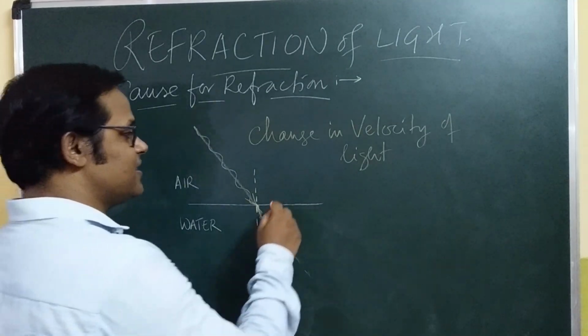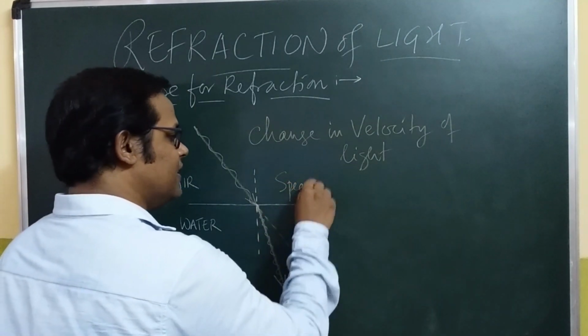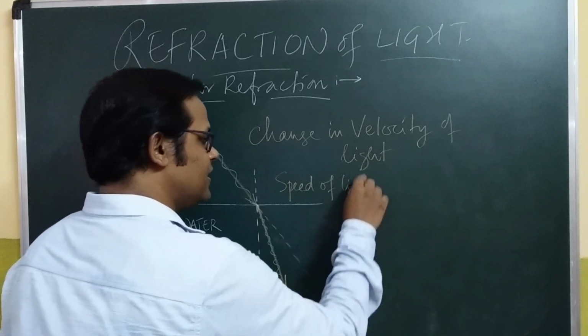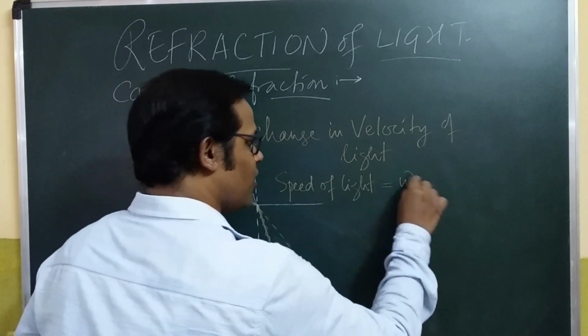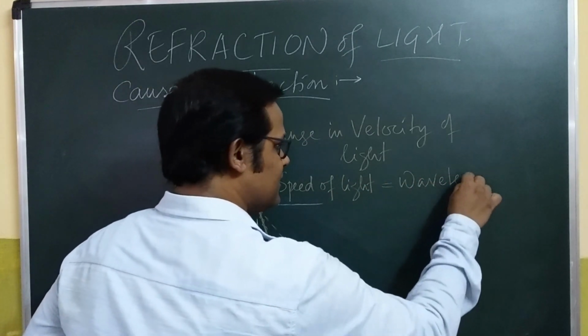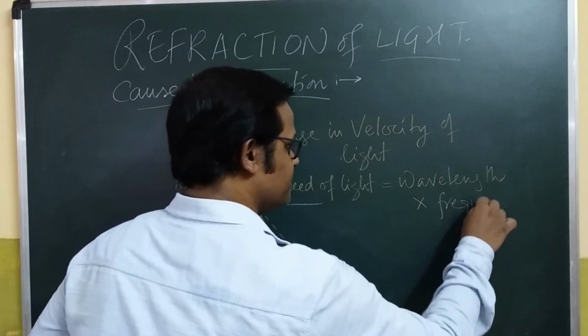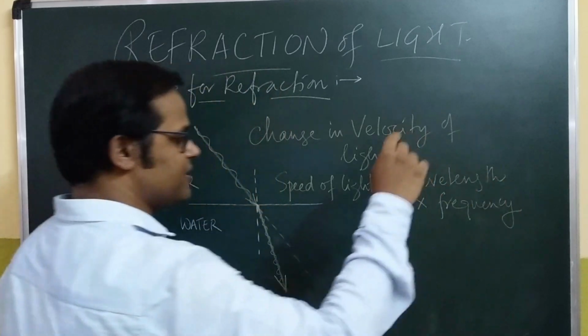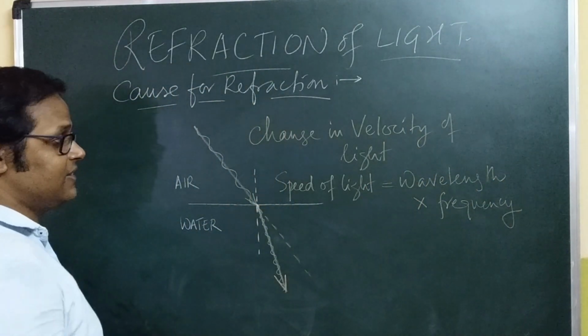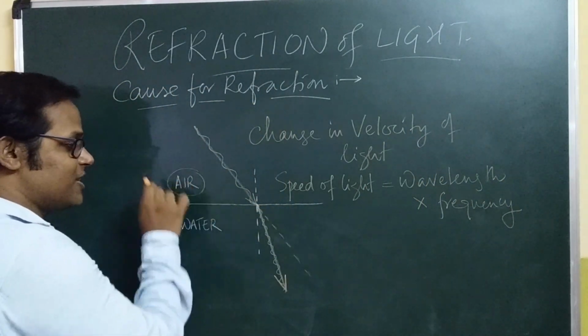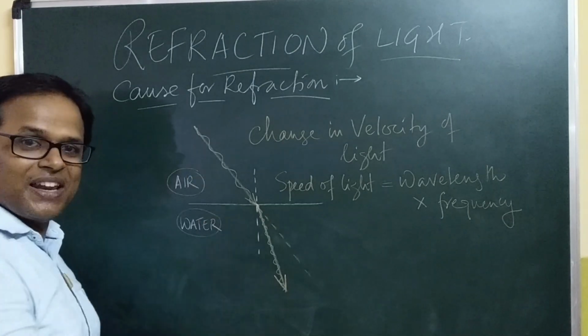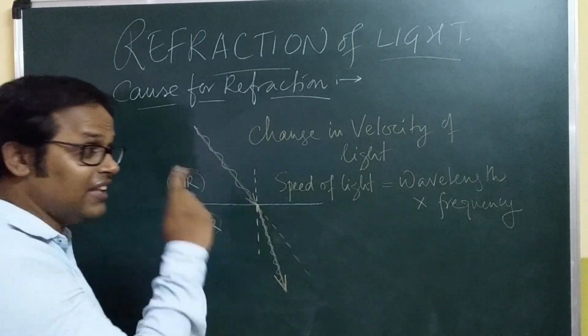So in this case, the speed of light, you should know it, is given as a product of its wavelength and its frequency. So what I said here, please note it very carefully. I said when it goes from one transparent medium into another transparent medium, the wavelength changes.